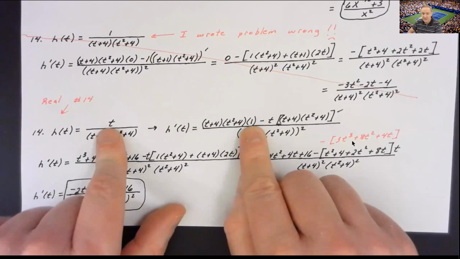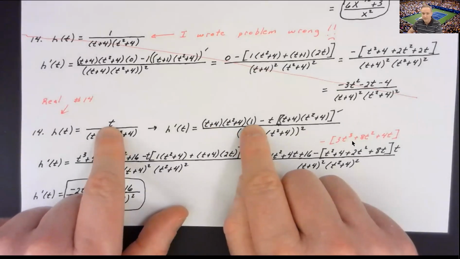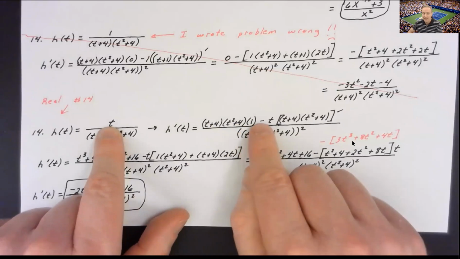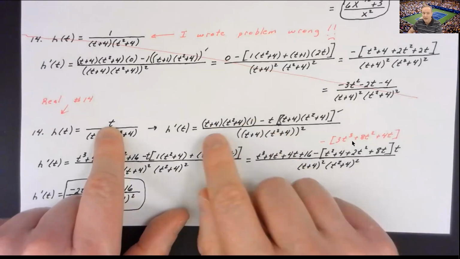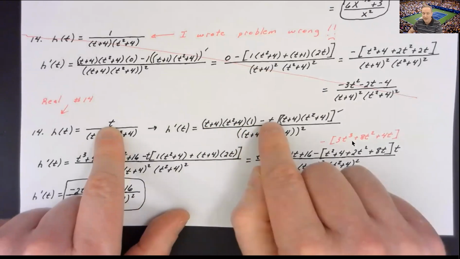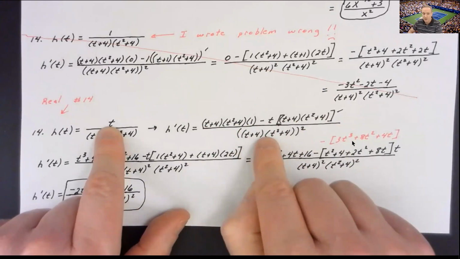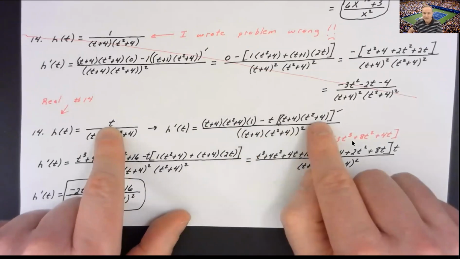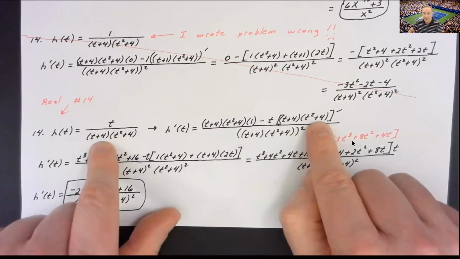Well, the derivative of t with respect to t is 1. So this is the denominator times the derivative of the numerator minus the numerator. I often like to say low d high minus high d low over low low. So low d high minus high.